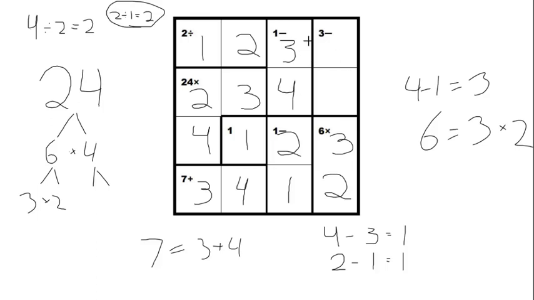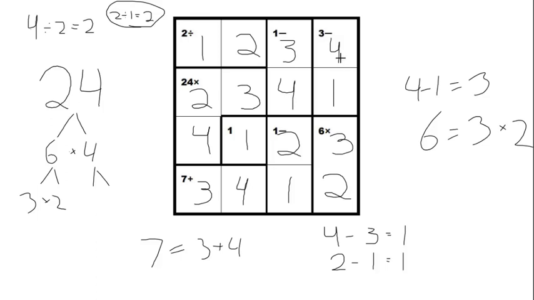If we didn't already do this, we could have noticed that, oh wait, 1 is here, so it has to be down here, so the 4 is up here. So notice each row has 1, 2, 3, 4. If you look up and down, each column also has 1, 2, 3, 4.